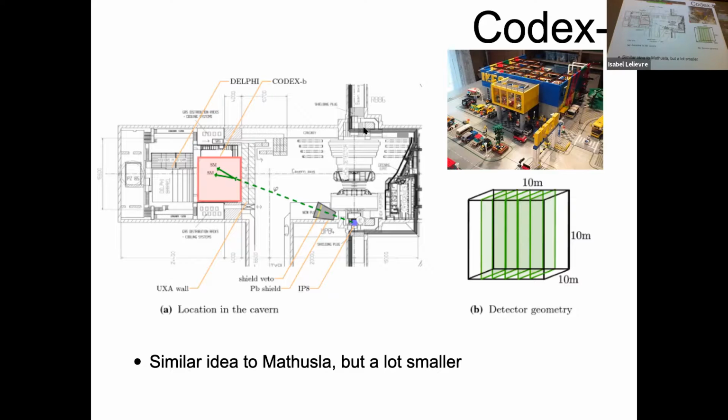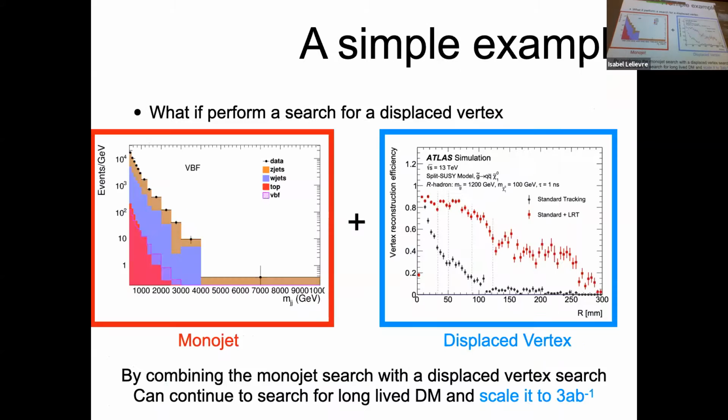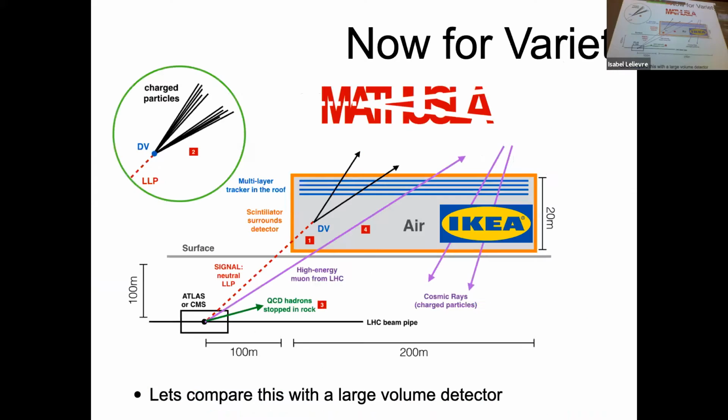For all these displaced vertex searches, your displaced vertex is rare. So how do you correlate it to the original collision? How do you know which event it came from? Yeah, that's exactly the answer to the question you asked me before. The trick is to time it.